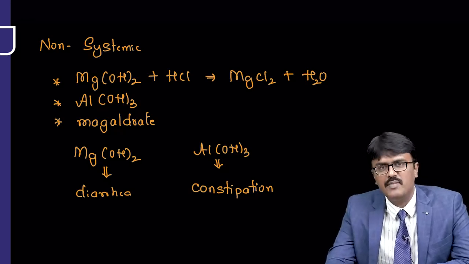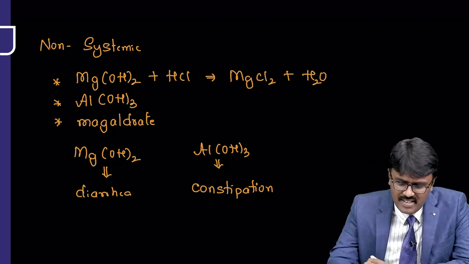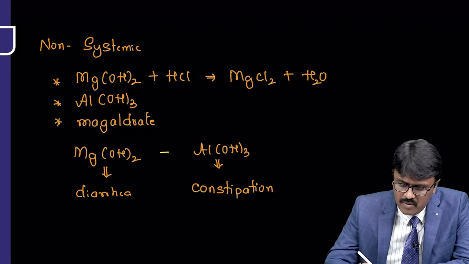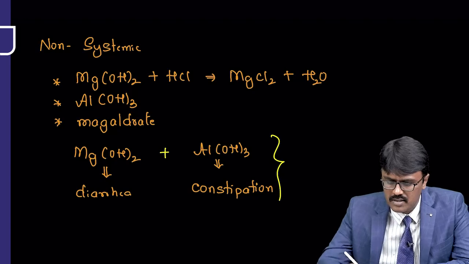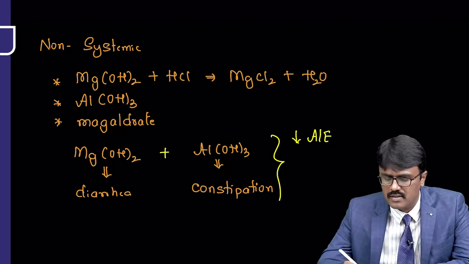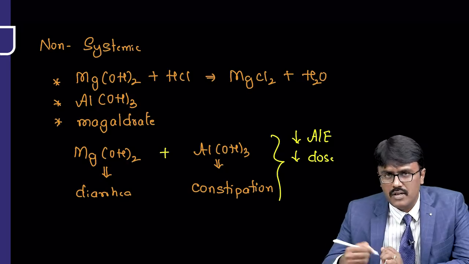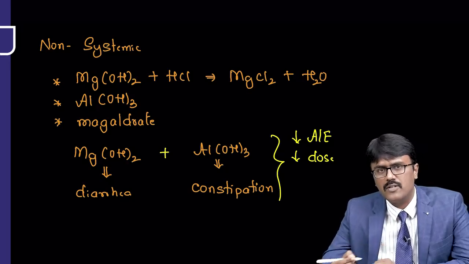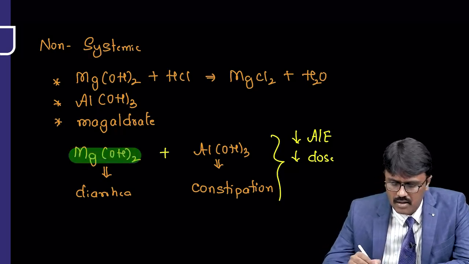Should I give magnesium or aluminium? That's the reason why we combine both of them. When we combine both, the advantage is that the adverse effects decrease, and also the dose of the drugs decreases. When you decrease the dose, there is a decrease in toxicity also. That's why magnesium and aluminium are given together.